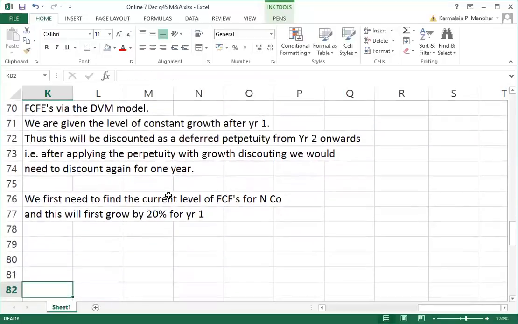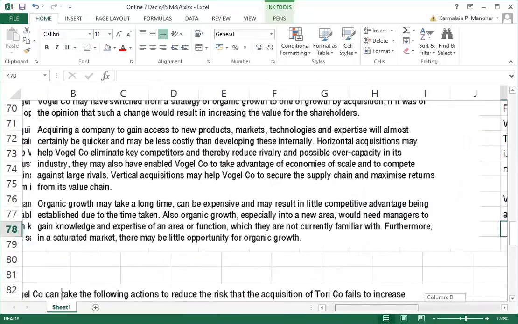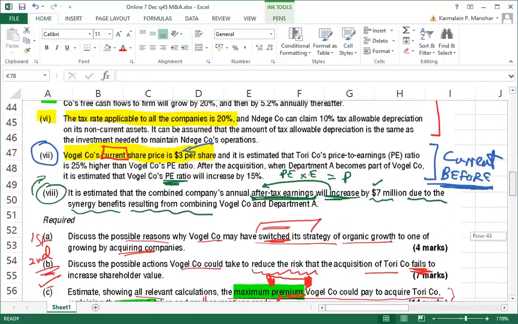So free cash flows, where are we starting with that? Let me save here. We have 3 minutes in this session before we start the new session. Come on, free cash flows.